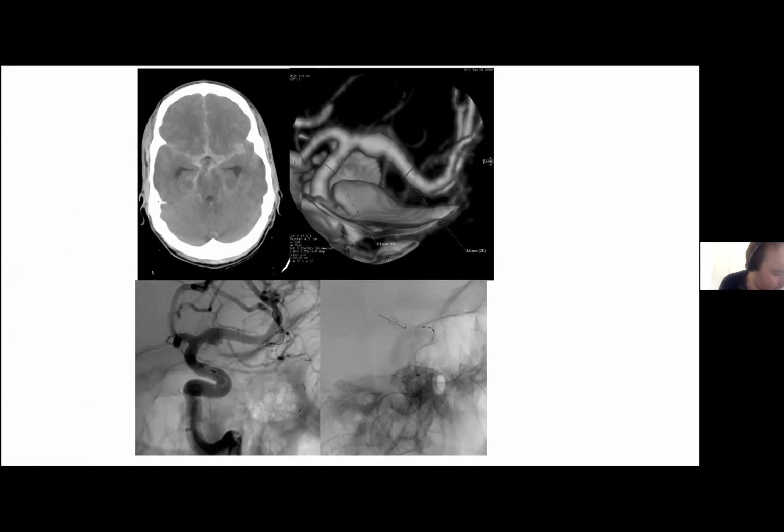So these guys have to be loaded with dual antiplatelets, which is obviously a bit counterintuitive in someone who's got blood in the brain, giving them very high-dose drugs that irreversibly disable their platelets.